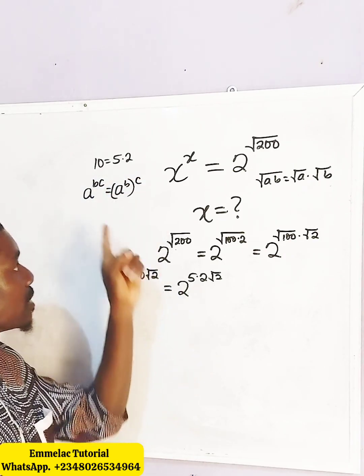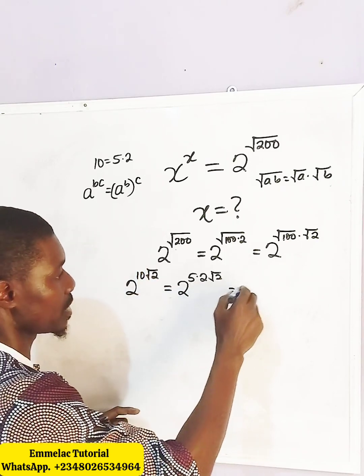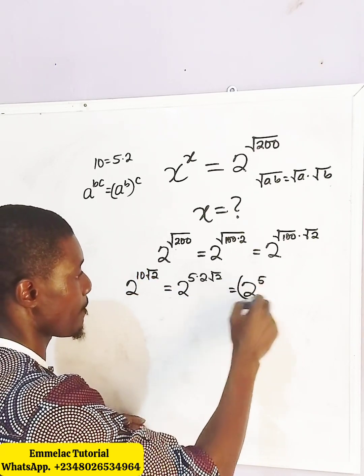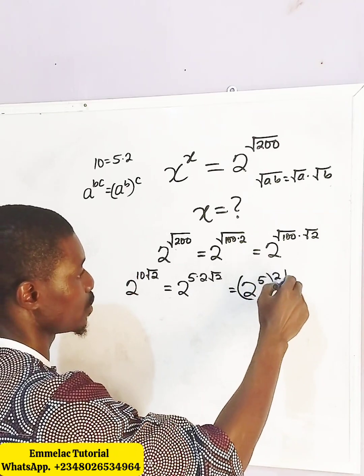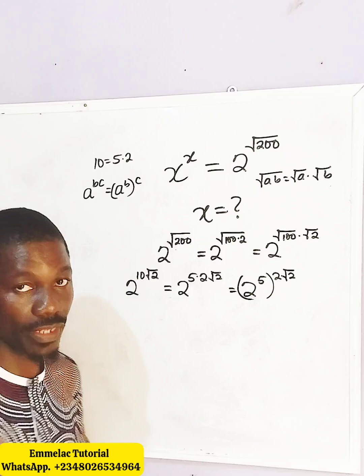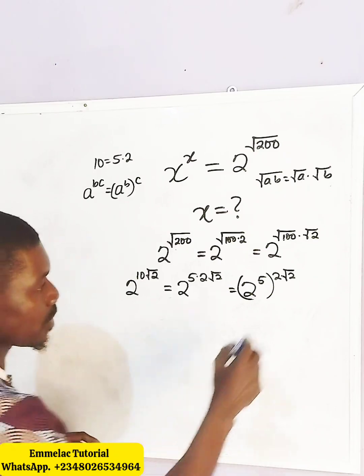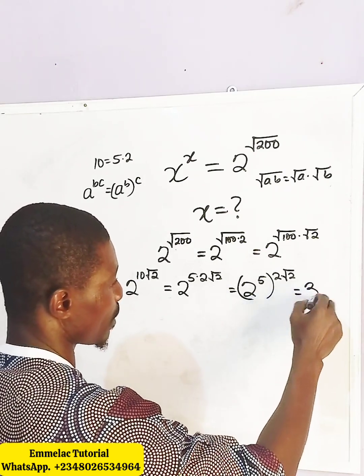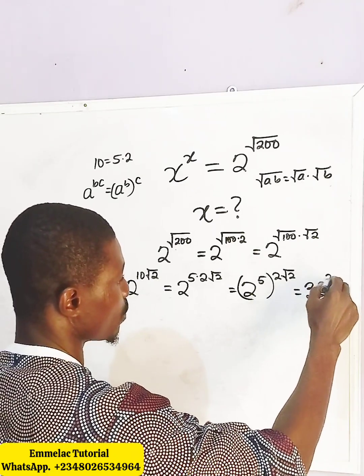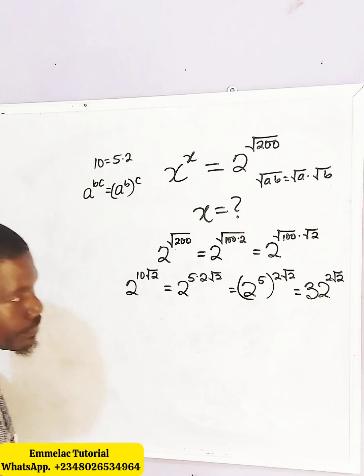Now if we apply this rule here, we can say this is 2 raised to the power of 5, raised to the power of 2 root 2, right? So here we get to have 32 raised to the power of 2 root 2.